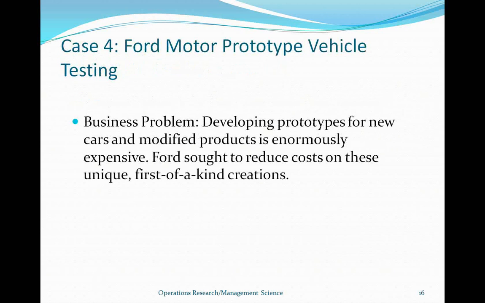At Ford Motor Company, they have different prototypes, and all of them get subjected to different types of tests and other things. Here, the decision is how to use the number of prototypes that they have to put through the experiments and the tests needed for different purposes.